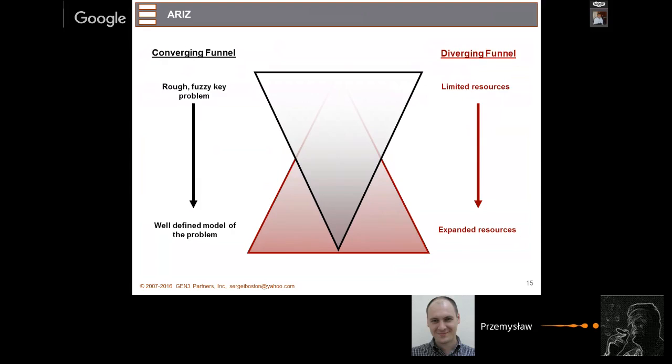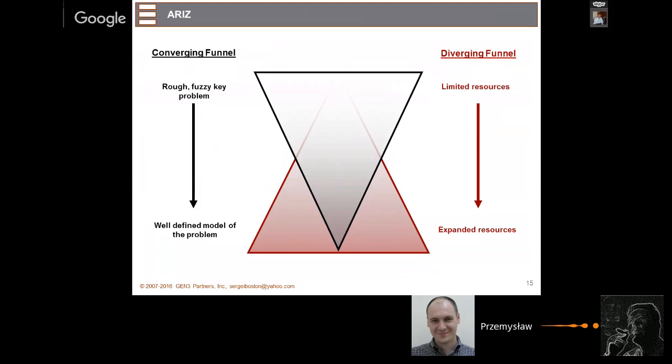That's the cone of formulating the problem. We start with a fuzzy problem that came from the analytical part. Then as we remodel the problem again and again, in the long run we have a very crisp, very clear model of the problem. And the second cone, which is diverging and expanding, is the cone of resources. We find more and more resources that we can use to solve the problem.